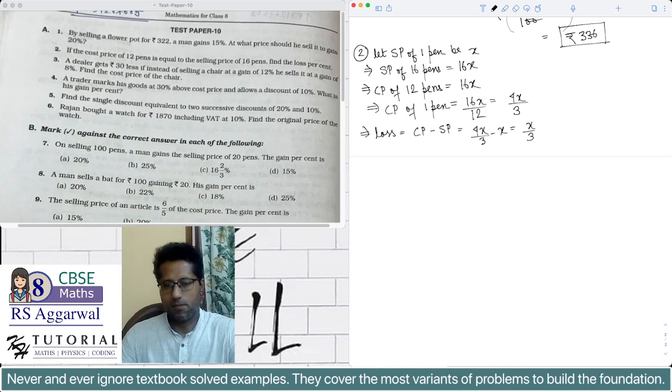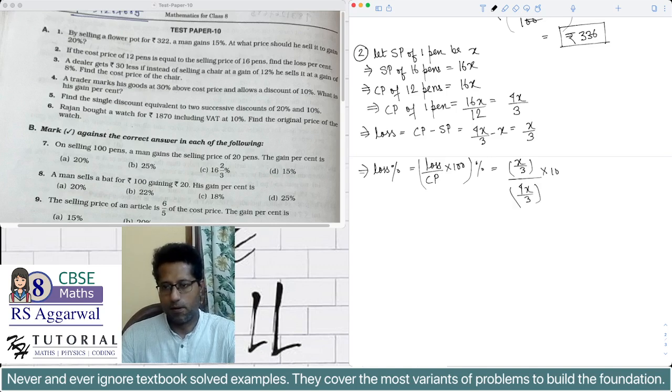This is the loss based on the cost price, which is 4x by 3. So this implies loss percent is loss by cost price multiplied by 100 percent, and loss we have found to be x by 3. Cost price is 4x by 3, this multiplied by 100 percent.